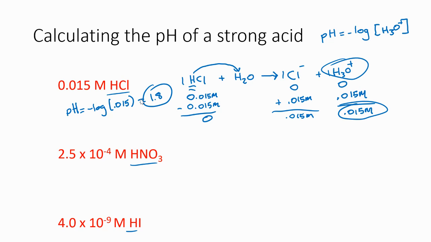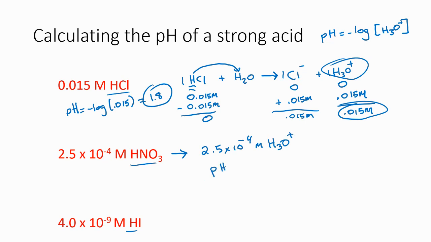For strong acids, as soon as you recognize that it's a strong acid, you know that all of it turns into H3O plus. So I don't really have to go through the process of writing out the entire equation. And as soon as I know that, I can find the pH.